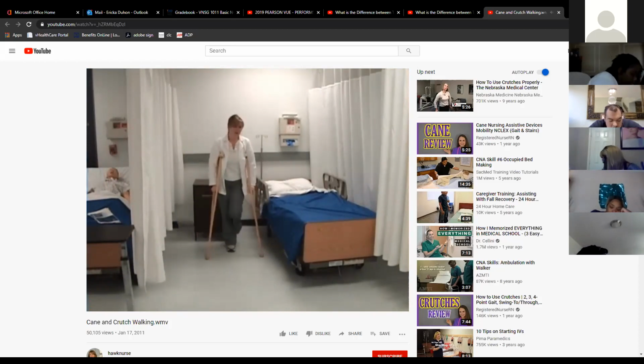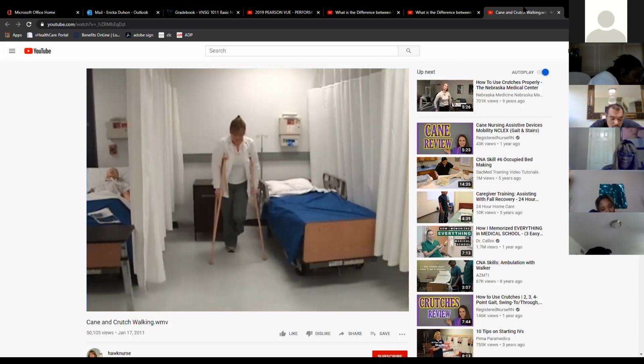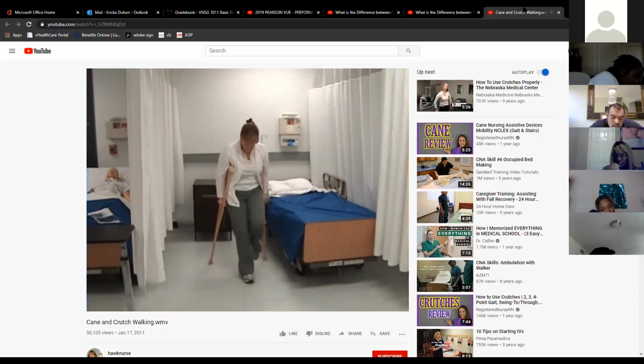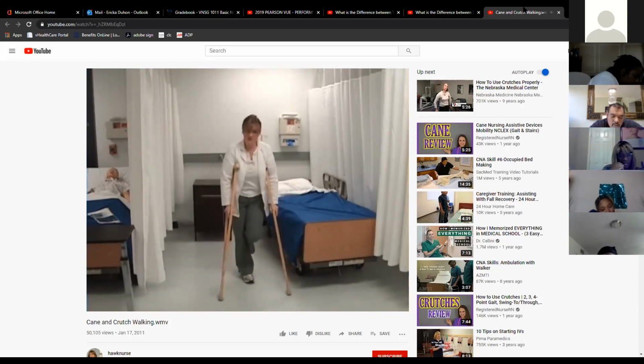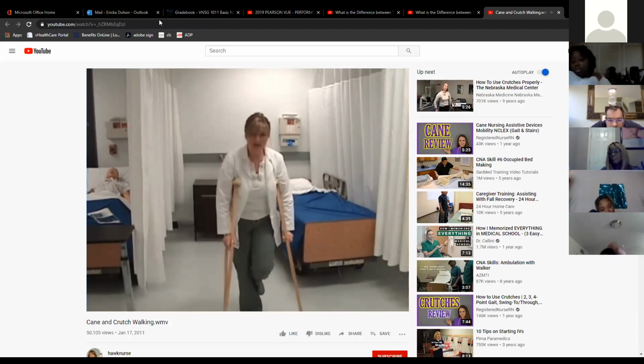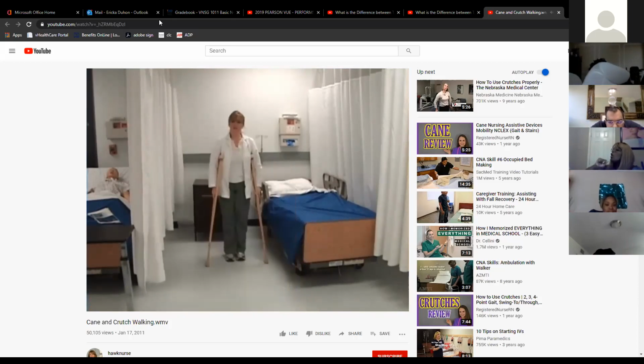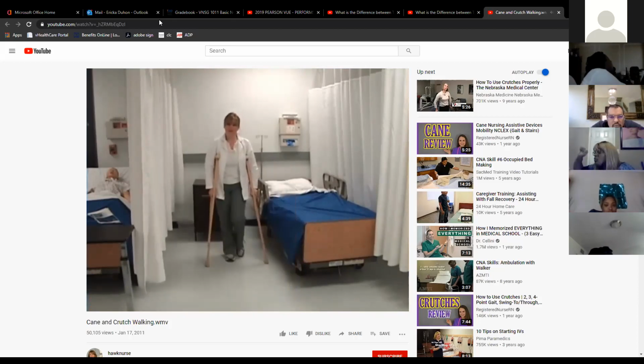Your patient is non-weight bearing on their injured limb. They're going to place the crutches approximately 12 inches in front of their foot. Then they're going to swing through and then advance the crutches. They will swing through and advance the crutches. For 3-point crutch walking, your patient is able to bear weight, but it's not very strong.